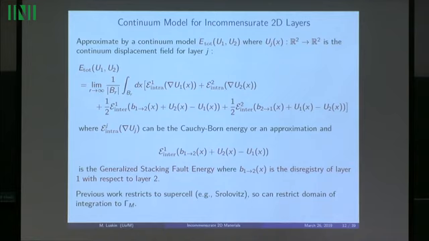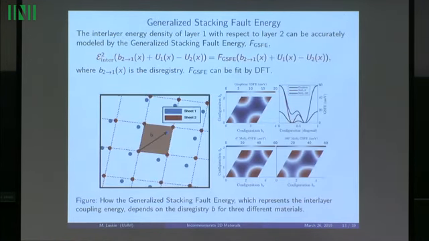But remember from those pictures, atoms of layer 1 like to sit in the center of the hexagon of lattice 2, and vice versa. We can account for that by what's called a generalized stacking fault energy, which I'll describe a little more in a minute. So what is a generalized stacking fault energy?